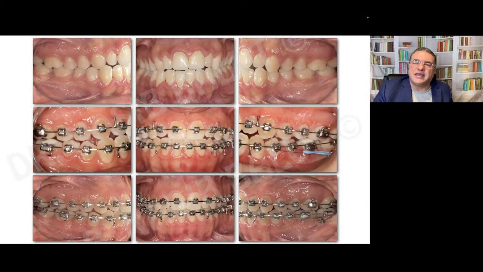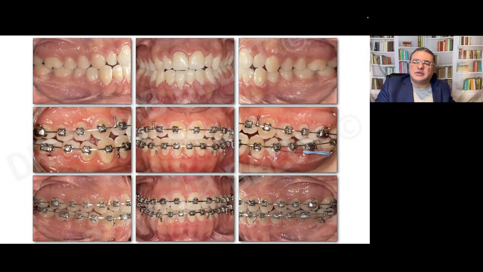So this is the way she was, with the class 3 relationship on her left side and the midline off. We need some arch development in the upper arch. She had some perio problems, so we controlled the periodontal problem before we started the treatment.